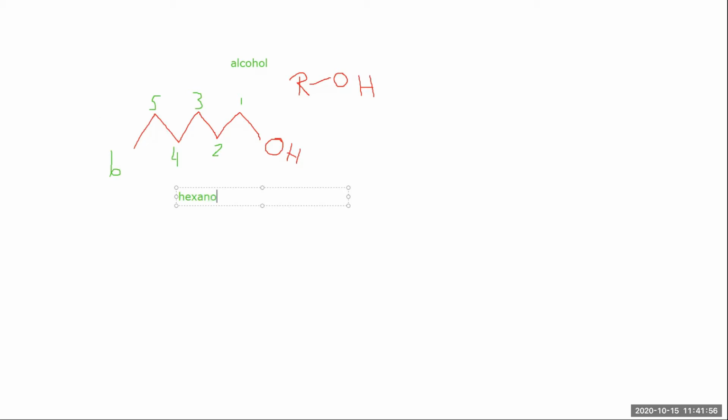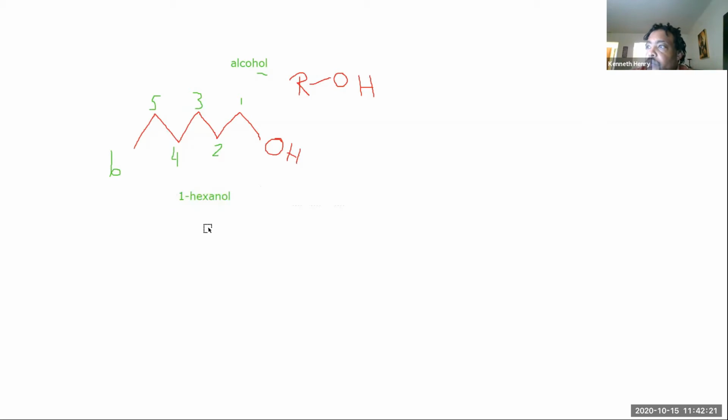And then we put the alcohol's last name, ol. Just so that we know where the OH is located, we call it 1. 1-hexanol.